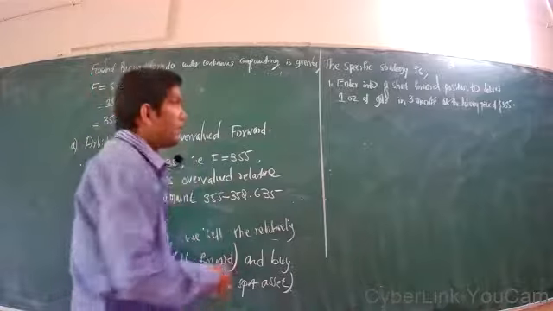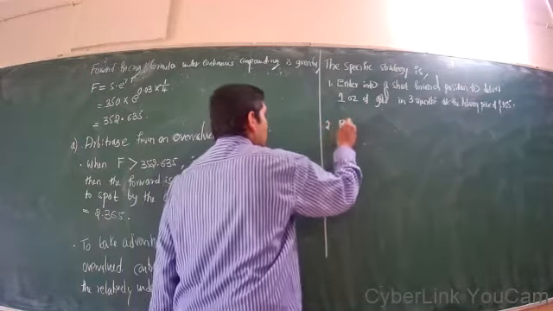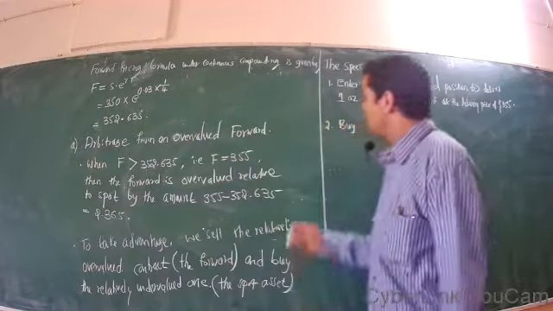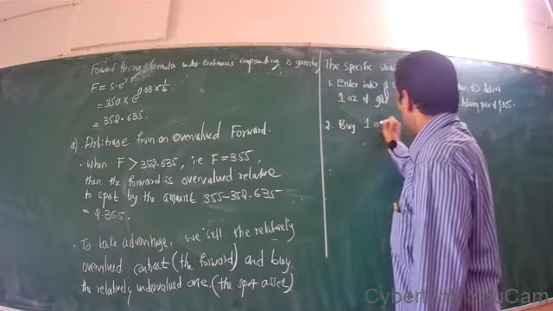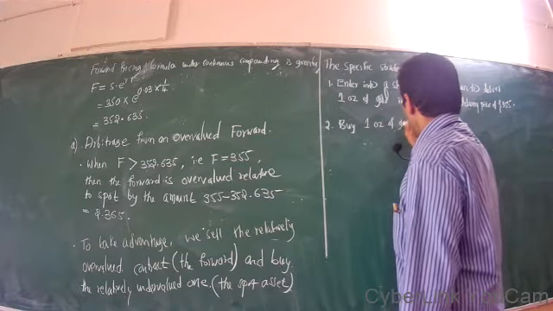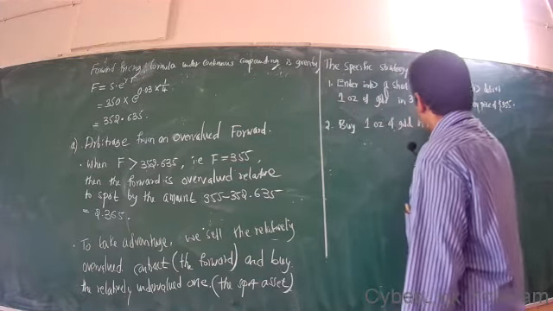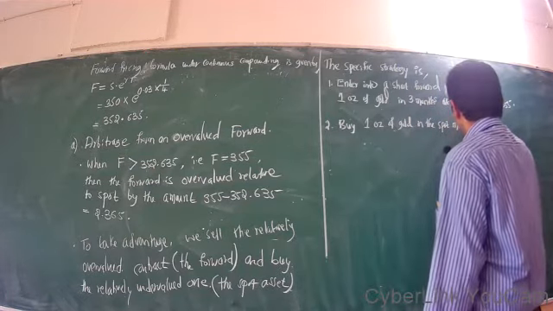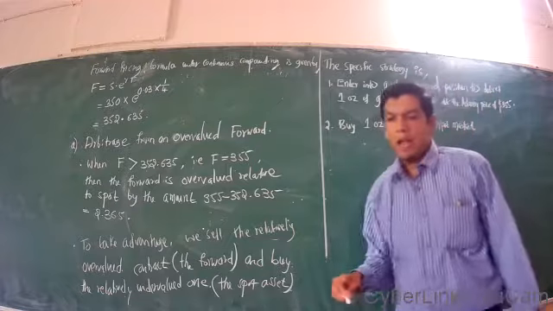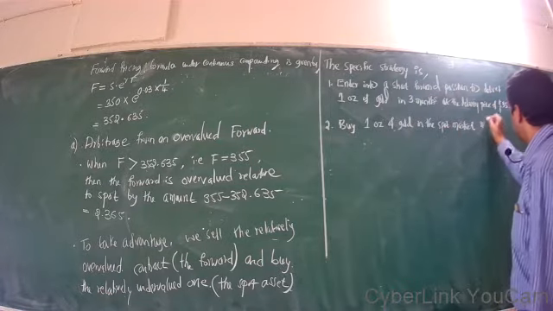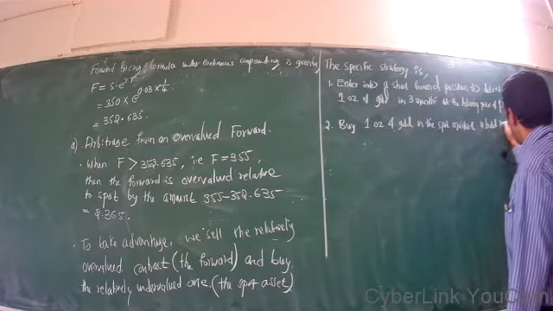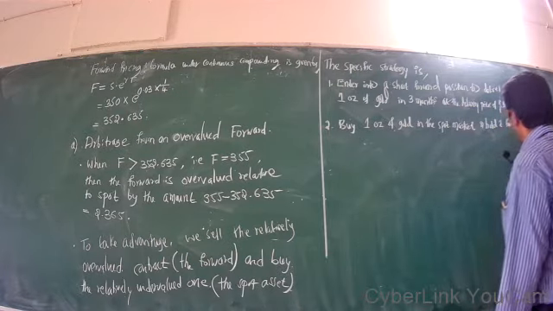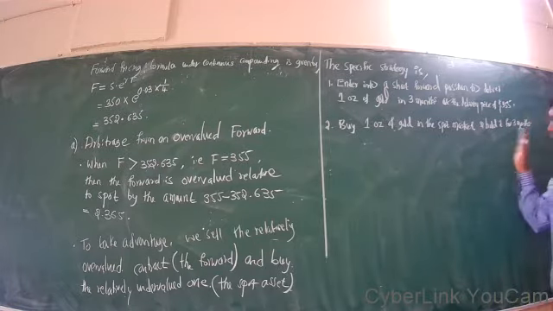Next step, buy 1 ounce of gold in the spot market, and hold it for 3 months.